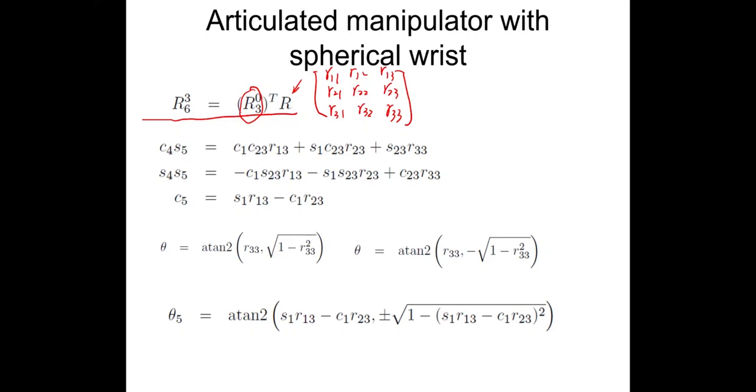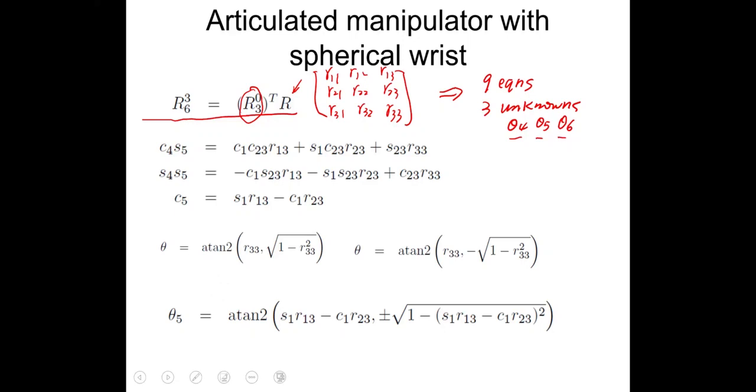So by using this matrix equation, we're going to have 9 equations and 3 unknowns. These 3 unknowns are theta 4, theta 5, and theta 6. So now what we are doing is just solving these 9 equations so that we can solve for theta 4, theta 5, and theta 6.